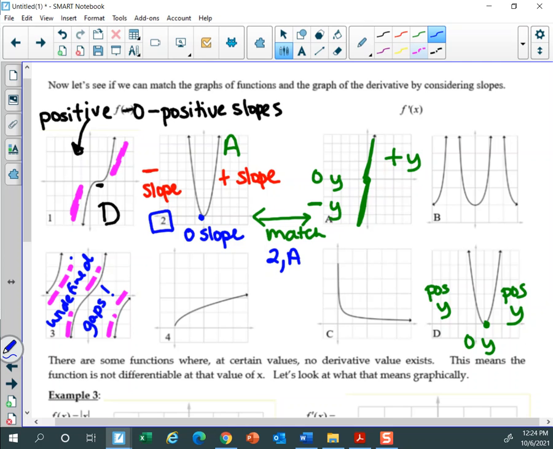So all positive y's, but gaps. That's going to be B. All positive slope, all positive y.